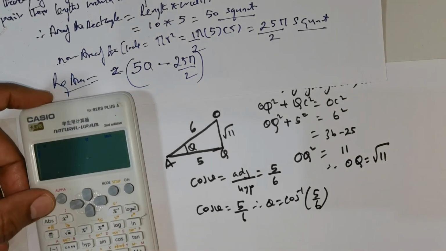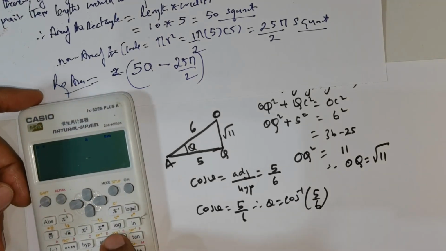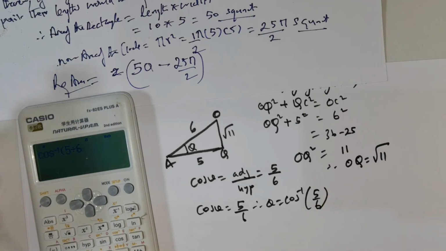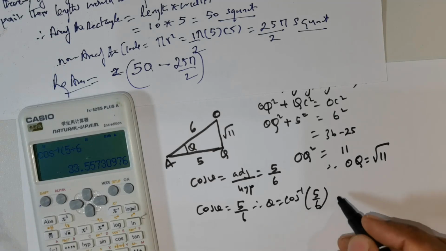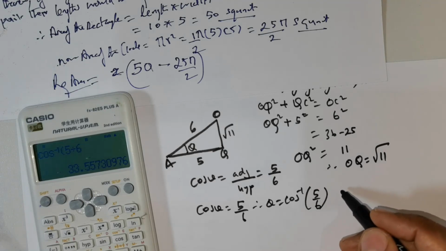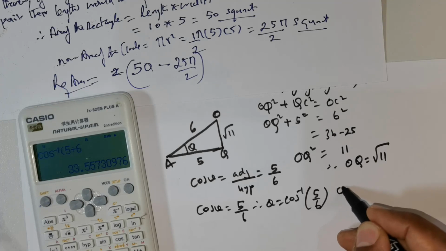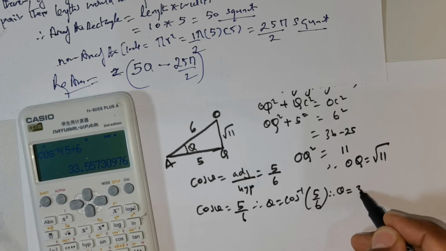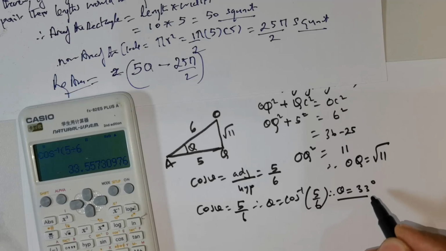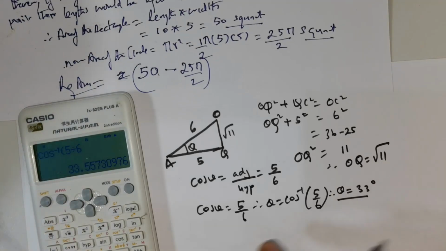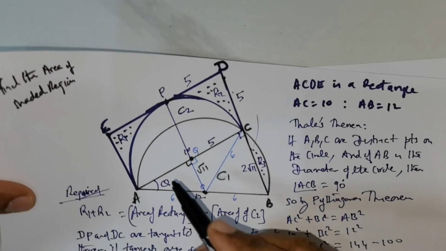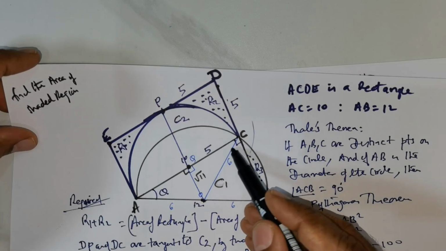Cos inverse of 5 divided by 6, that is 33 degrees. I'm going to take theta to be 33 degrees. So let me go back to the figure. This part is 33, this part is 33.